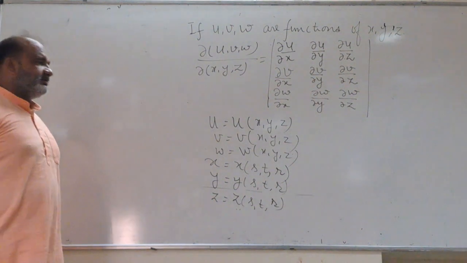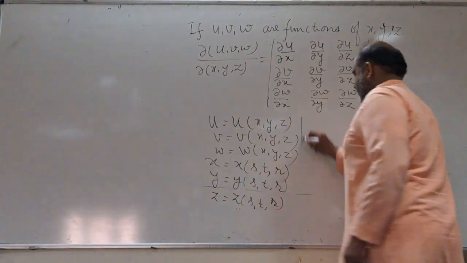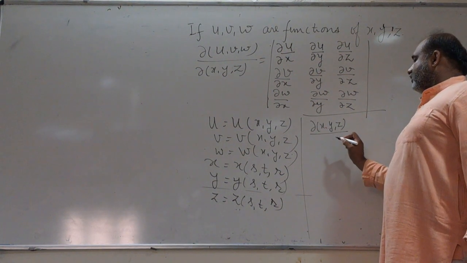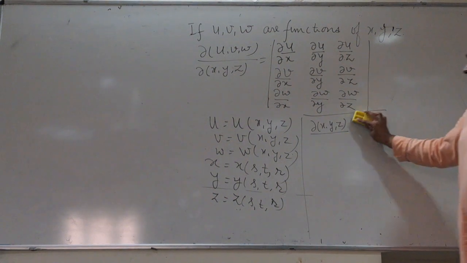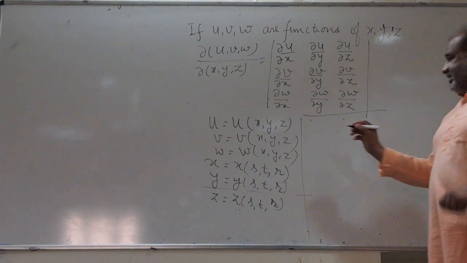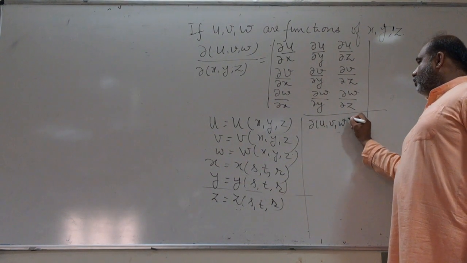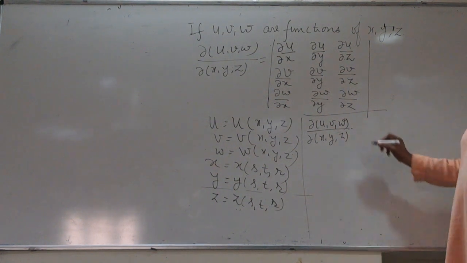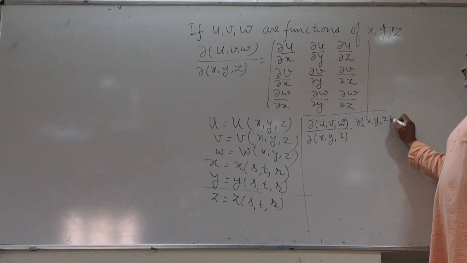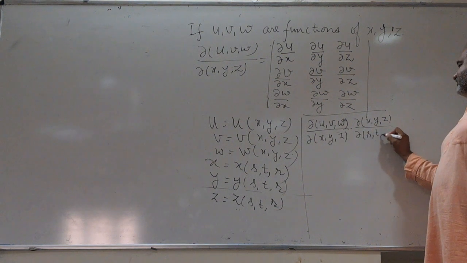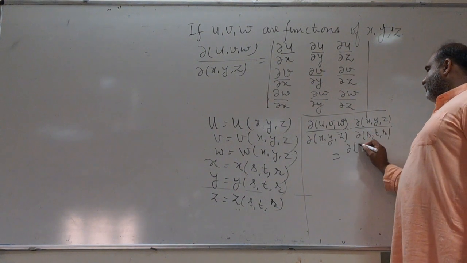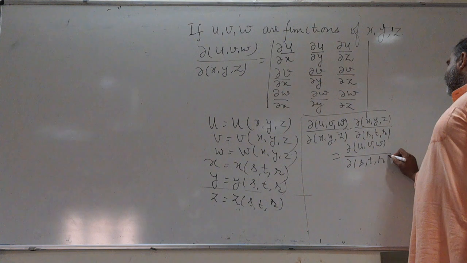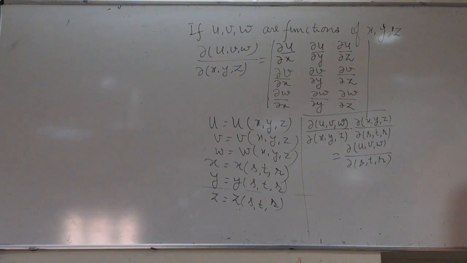Then I can write that Jacobian of u, v, w with respect to x, y and z multiplied by Jacobian of x, y, z with respect to s, t, r will be nothing but Jacobian of u, v, w with respect to s, t and r. Is it clear?